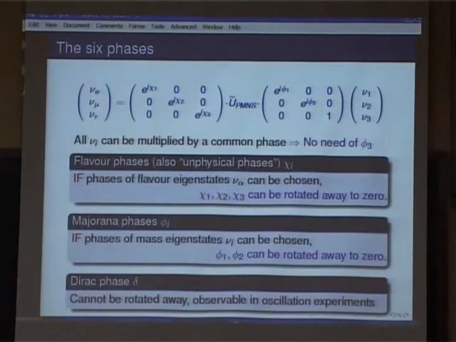It always exists, so it's a very physical phase. It will be observable in any oscillation experiment. And as we will see in the next 10-15 minutes, this is the phase which will generalize to CP parameters.